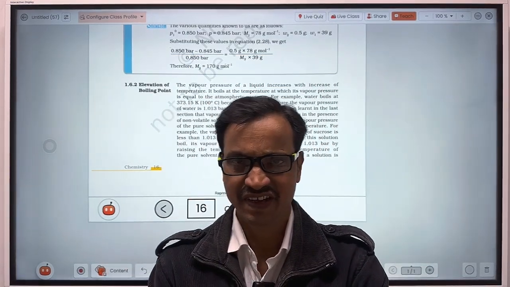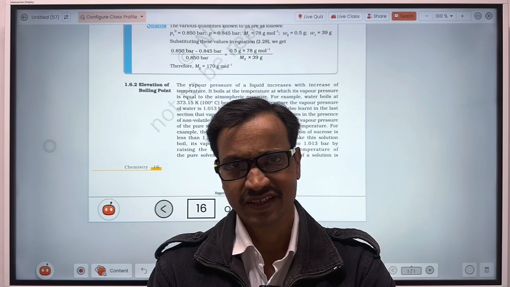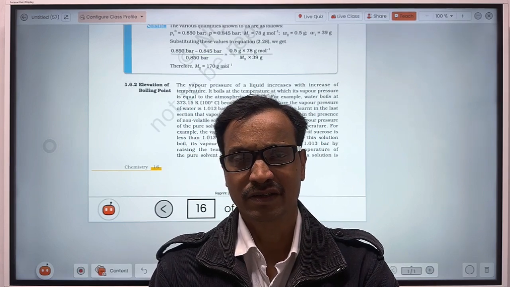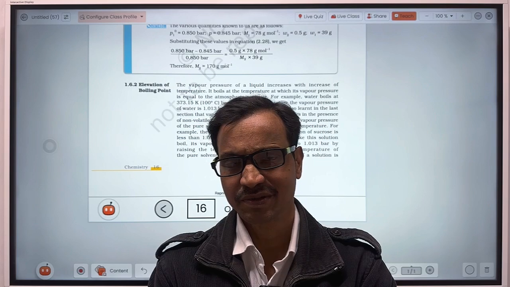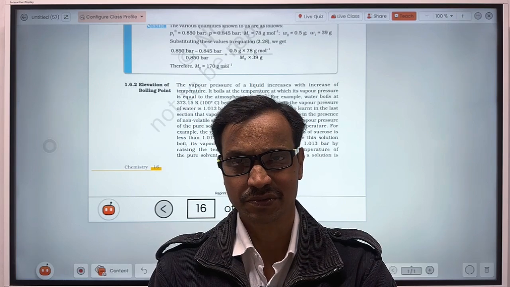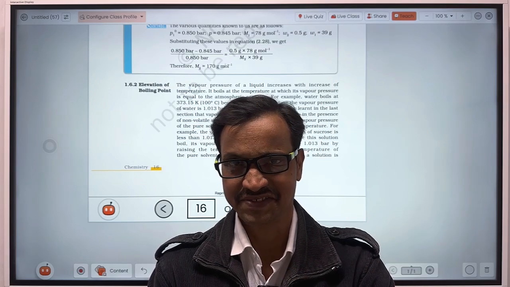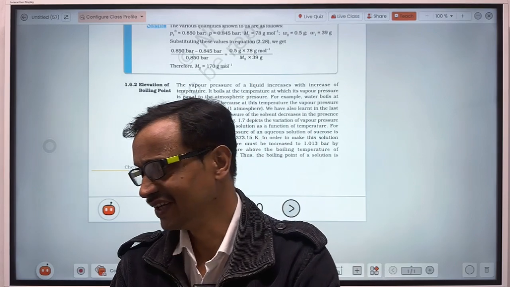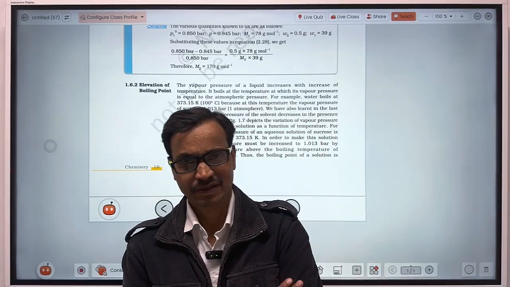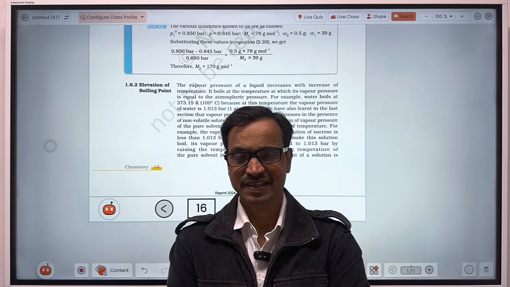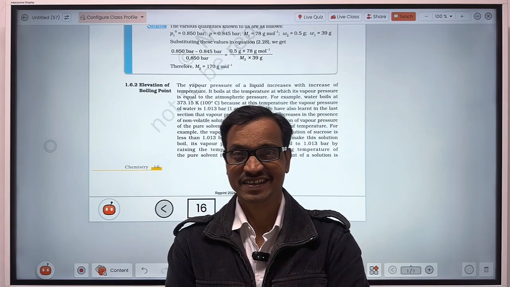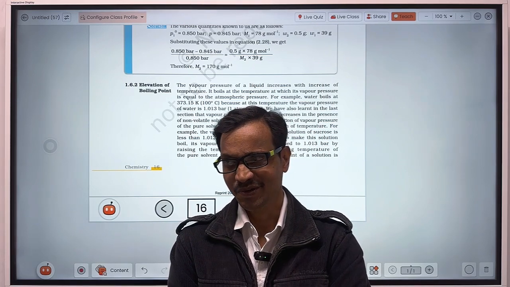Elevation in boiling point: when a non-volatile solute dissolves in a liquid solvent, the boiling point of the resulting solution will increase. So, elevation in boiling point. The boiling point will increase, but in depression in freezing point, the freezing point will decrease.